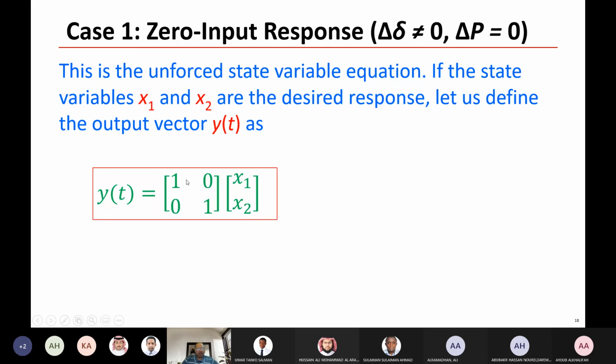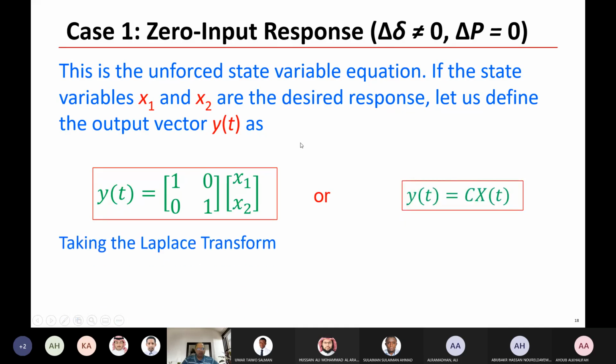So we have this identity matrix, and then you can derive the characteristic equation, sI minus A inverse, taking the Laplace transform. So you can write s x of s equal to A x of s, or x of s, the response in the s domain, equal to this, and x0, this is the initial condition.